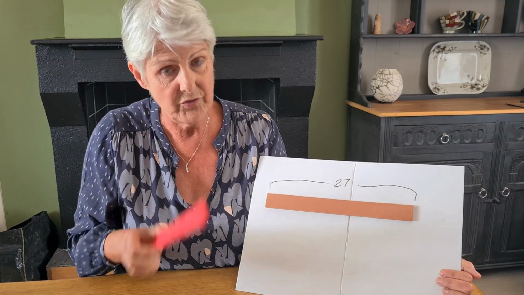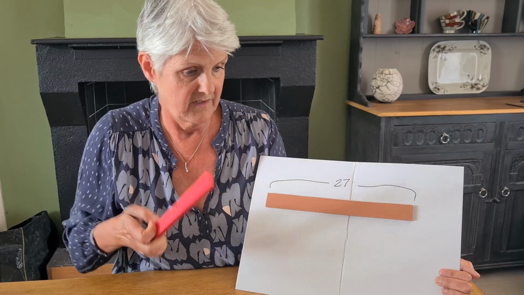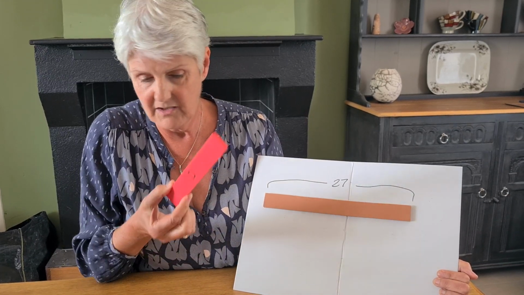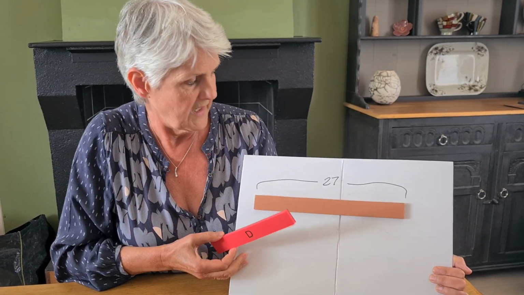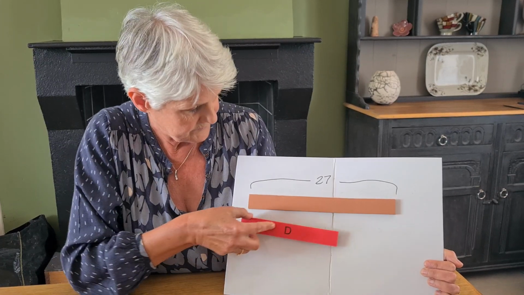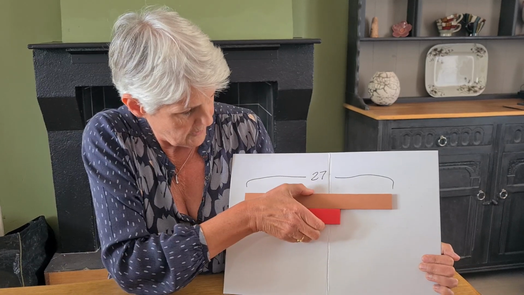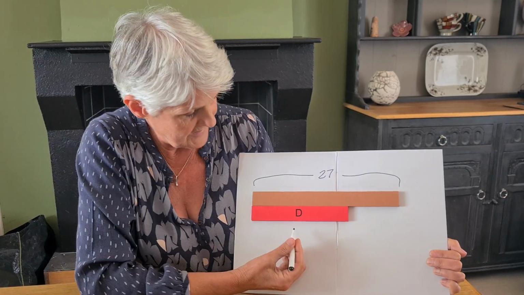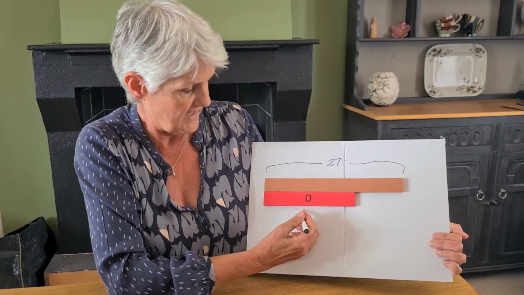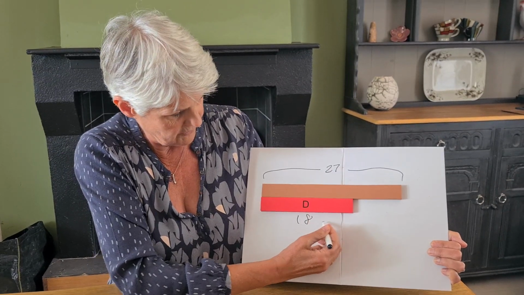The part that we do know the value of is represented by red D again, as advised in the guidance. So this is one part that makes up our whole. This is the cabbages. This is 18 rows of cabbages.